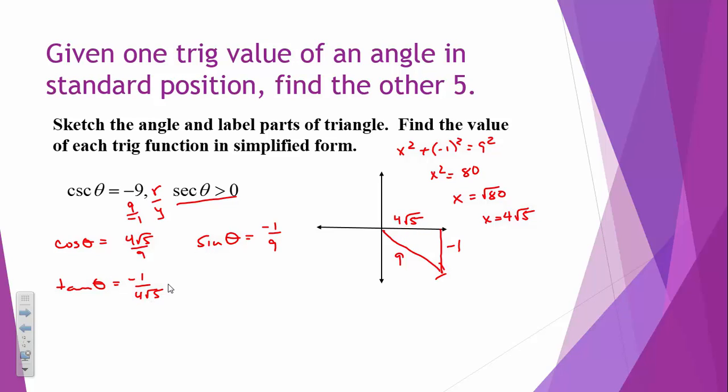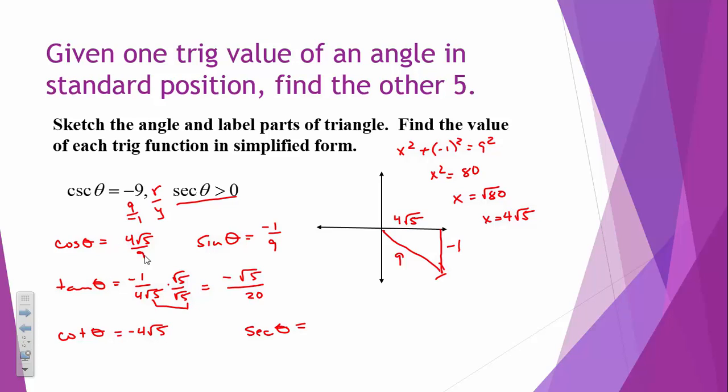I need to rationalize that, so I just multiply by radical 5 over radical 5. So I get negative radical 5 on the top. Denominator, I'm going to get 4 times 5, which is 20. Cotangent is the reciprocal of the tangent, so if I take this and take its reciprocal, I get a 4 radical 5. I've already got the cosecant, so I just need the secant.